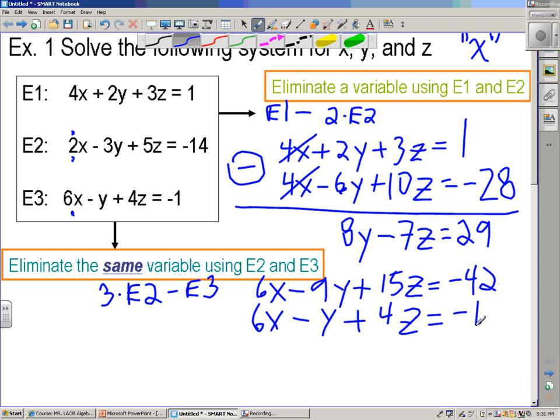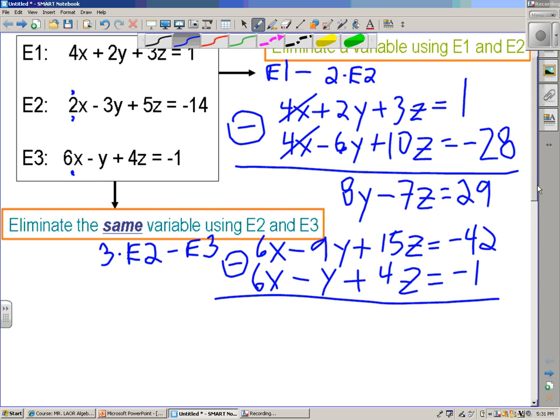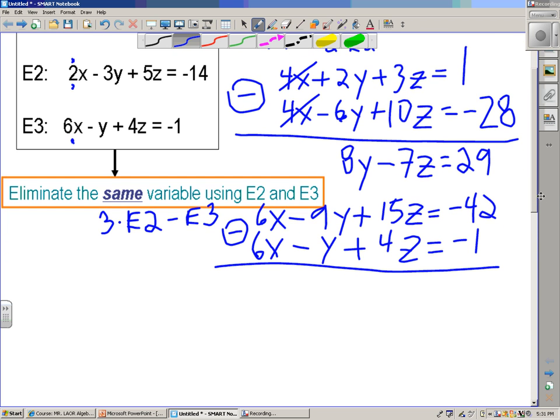Now I'll subtract the two equations. 6x minus 6x, there's a cancellation like we talked about. A negative 9y minus a negative 1y gives me negative 8y. 15 minus 4 is plus 11z. Negative 42 minus a negative 1 is negative 41.